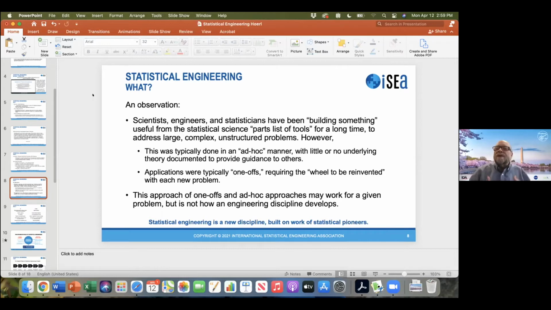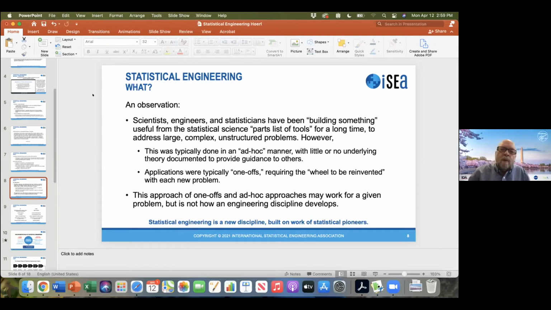So they showed how they electrified a city or did the statistical equivalent of that, but these applications tended to be sort of one-offs, and therefore the next person that came along had to start all over again and essentially reinvent the wheel to figure out how to do it.